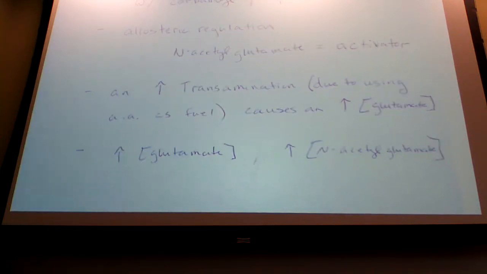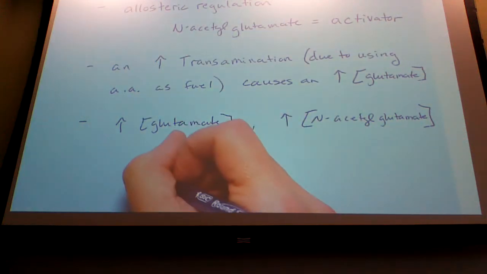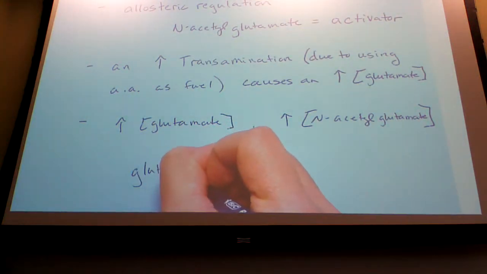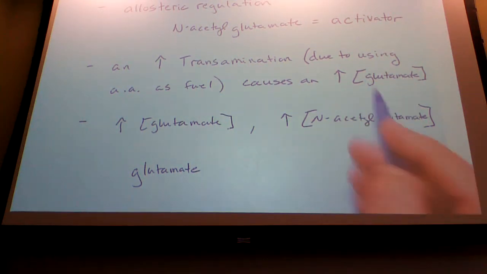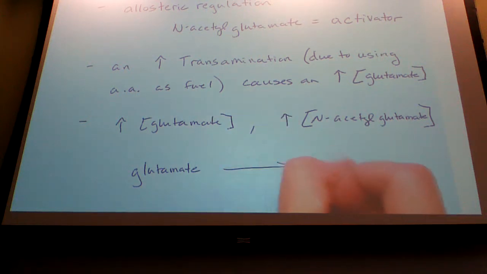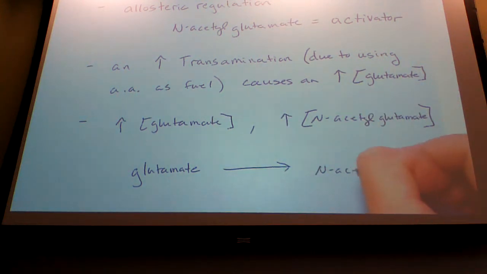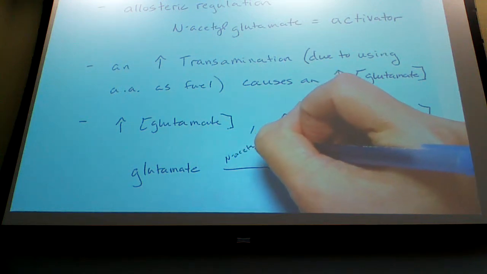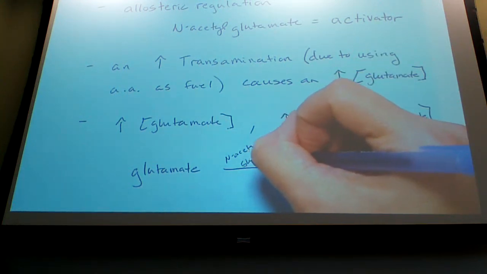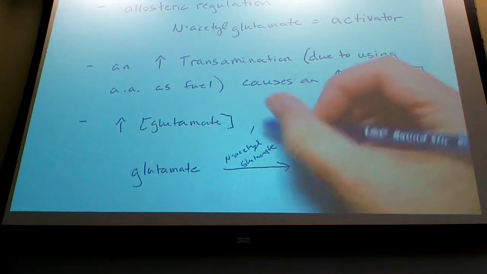Not a reaction that we're really going to do, but you've got an enzyme that works just based on substrate availability, that converts glutamate into N-acetylglutamate. And that is N-acetyl glutamate synthase.